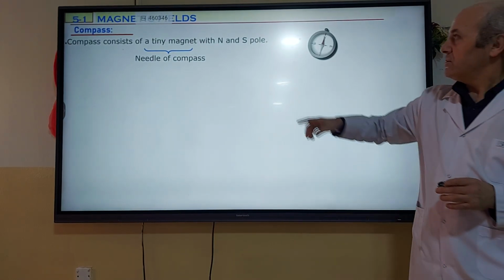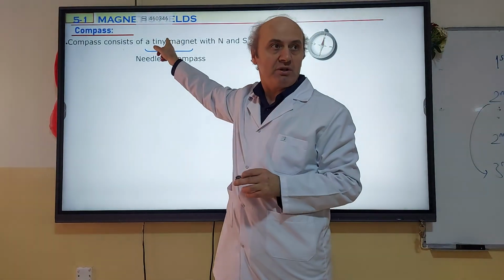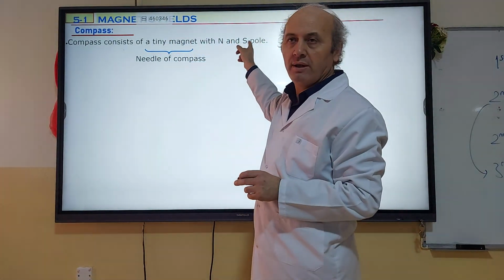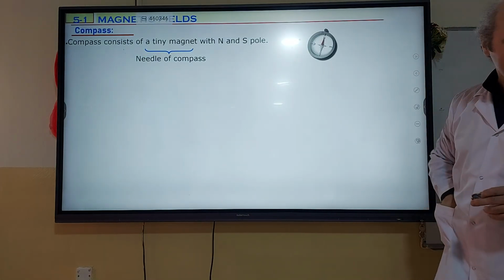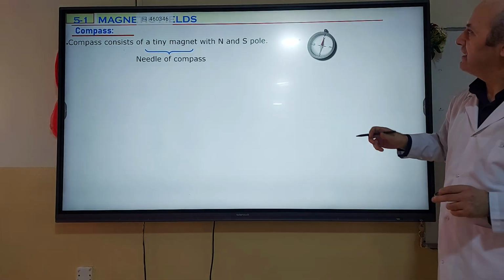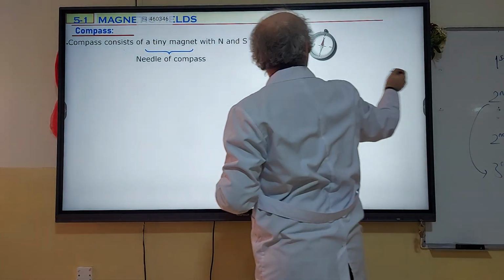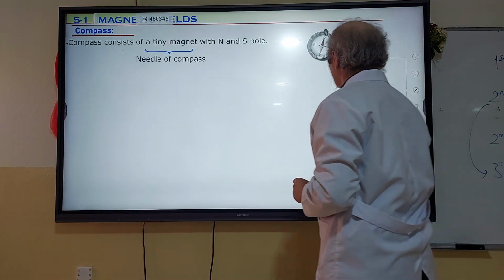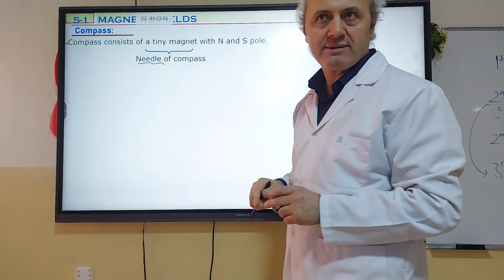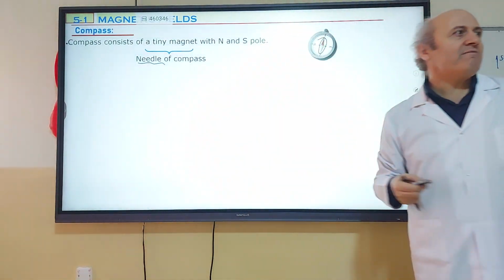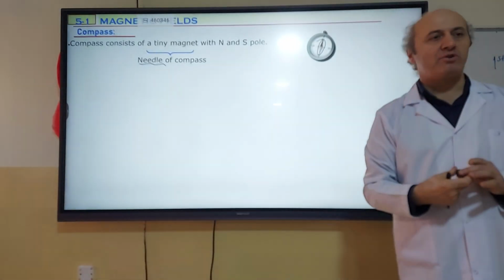So a compass consists of a tiny natural magnet with an N pole and an S pole. Red is N, white is S. And this tiny magnet is sometimes called the needle, the needle of a compass. But how can we determine the magnetic field direction by using a compass?